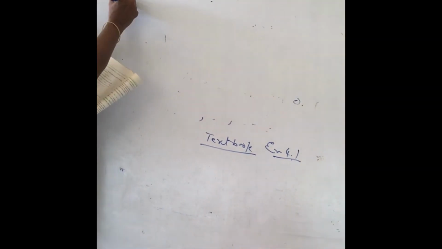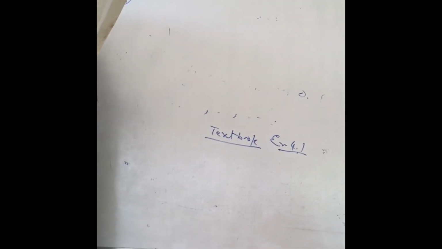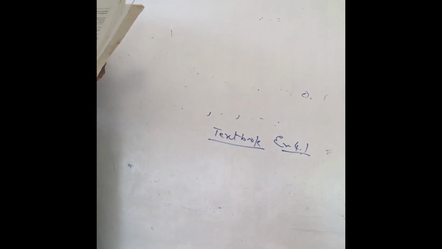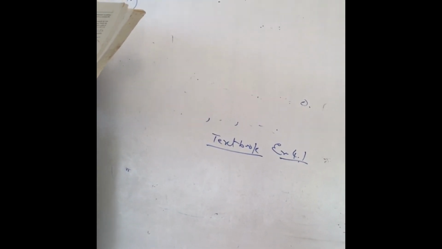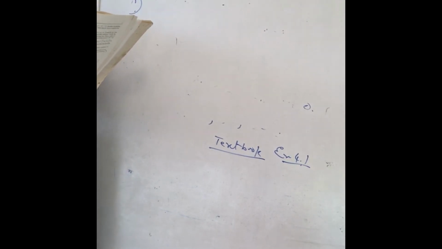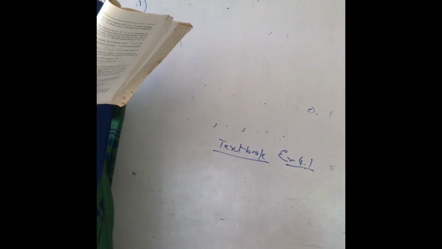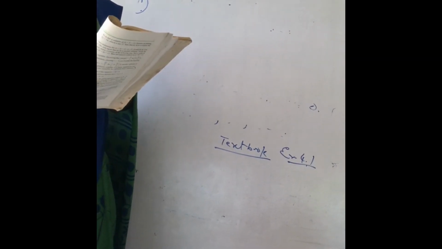Exercise 4.1, first sum, children. The cost of a notebook is twice the cost of a pen. Write a linear equation in two variables to represent the statement. They have given you the hint also, girls.